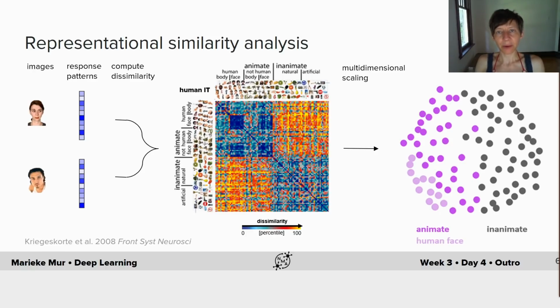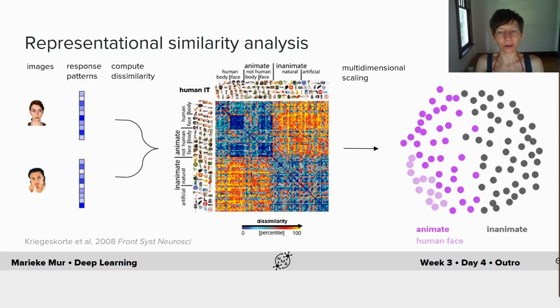The great thing about this approach, which we refer to as representational similarity analysis, is that we can compute RDMs not only for brain activity, but also for behavior, I'll show this in a minute, and importantly, for activity in a neural network. In the latter case, the response patterns are activity patterns across units in a particular layer of the neural network in response to images.